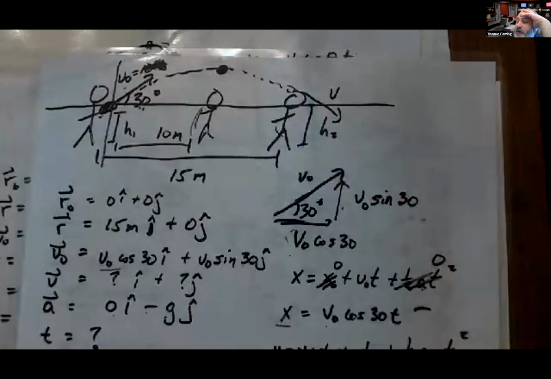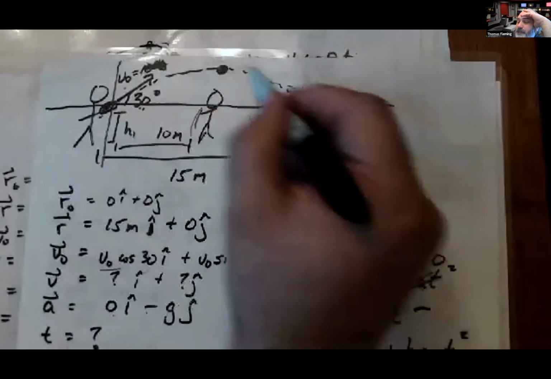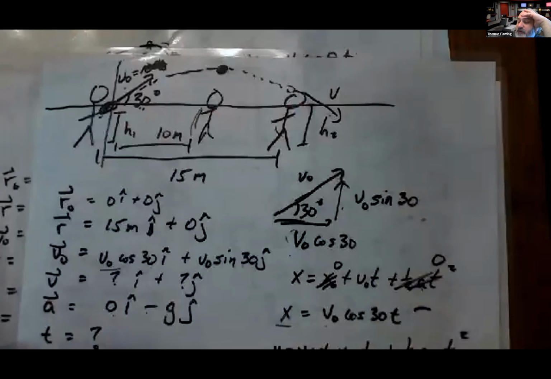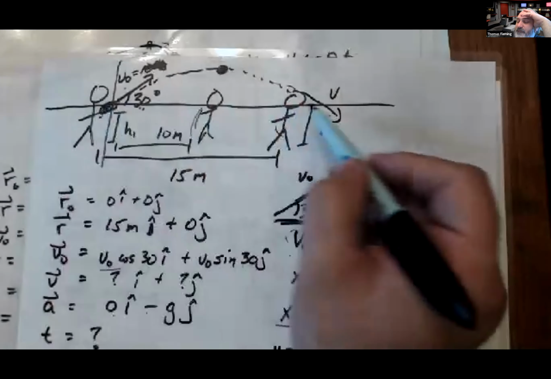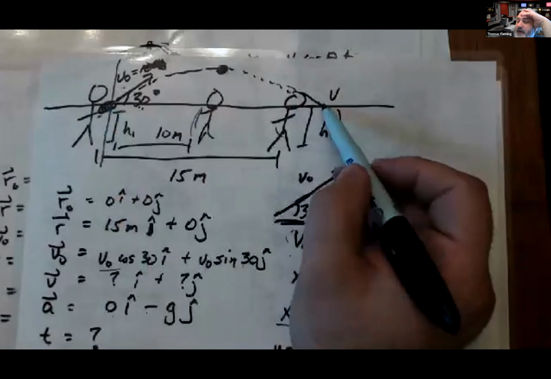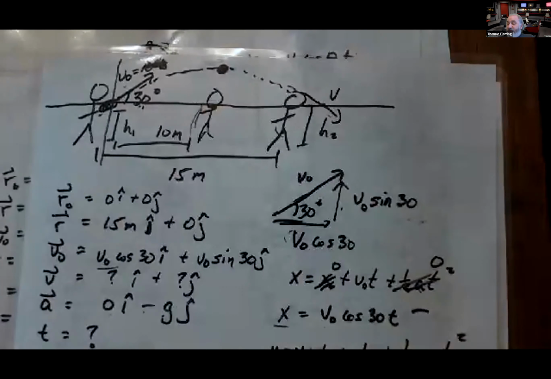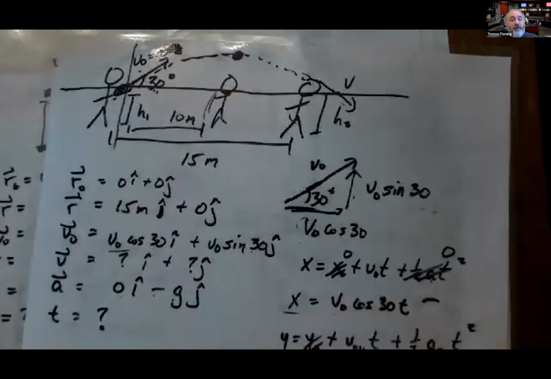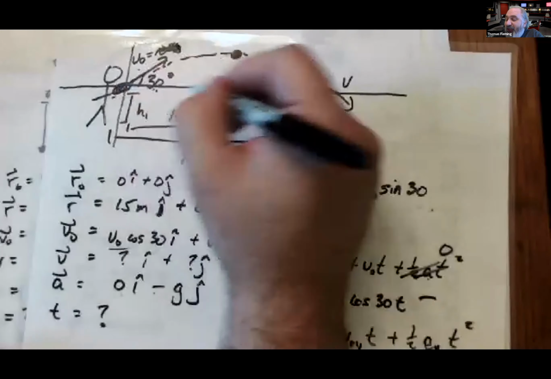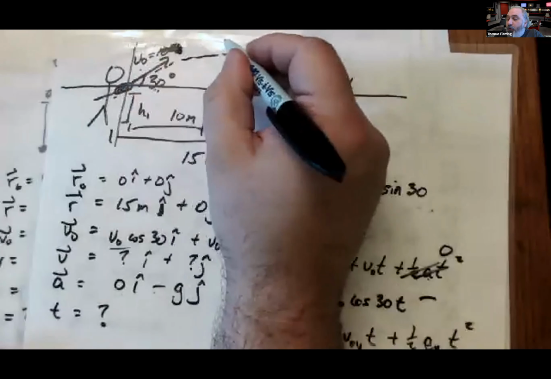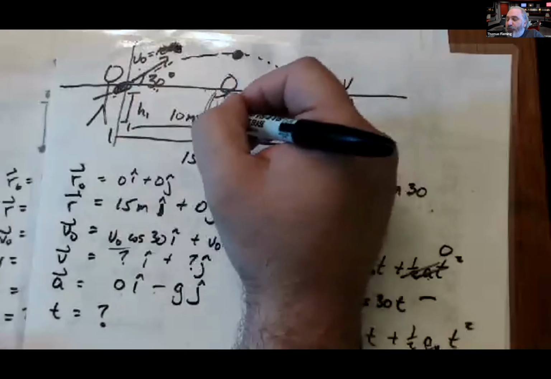Because I know this path is symmetric, if it's going back to the same height 15 meters away, at exactly the middle, it'll be as high as it's ever going to go. I didn't have to do the whole inventory to figure that out. I could have solved it that way, but just by exploiting the symmetry, I know that when it's 7.5 meters away, it's as high as it's ever going to go. So when this guy went to intercept it, he was further away than that.